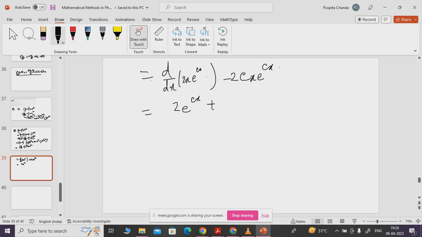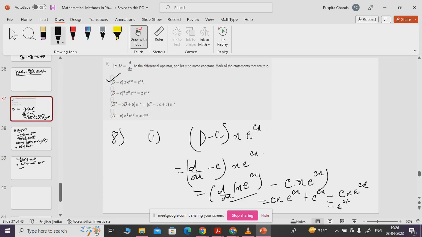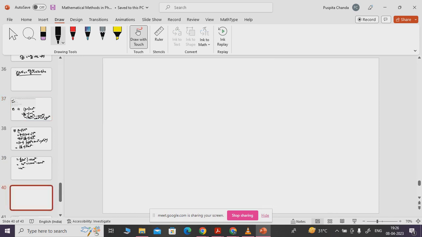So it will be 2 e to the power cx plus 2cx e to the power cx minus 2cx e to the power cx. It is 2 into e to the power cx. So it is also true.